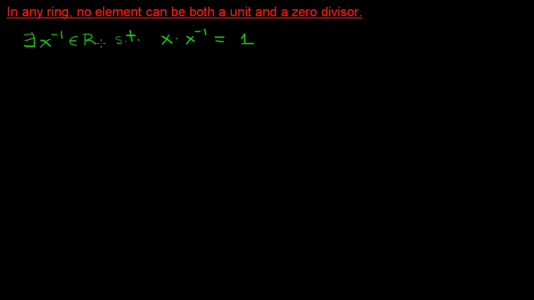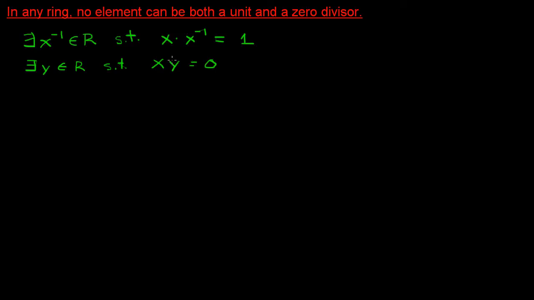Also, since it's a zero divisor, there exists a Y in R such that X times Y equals 0.